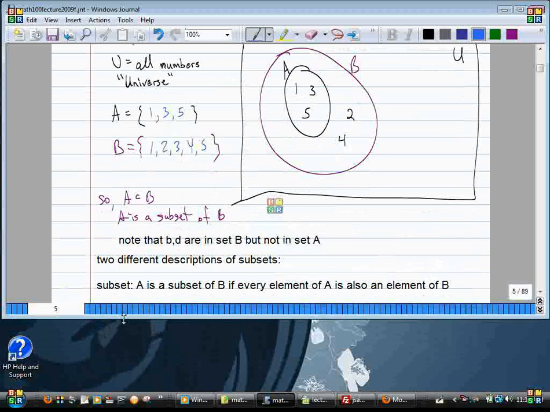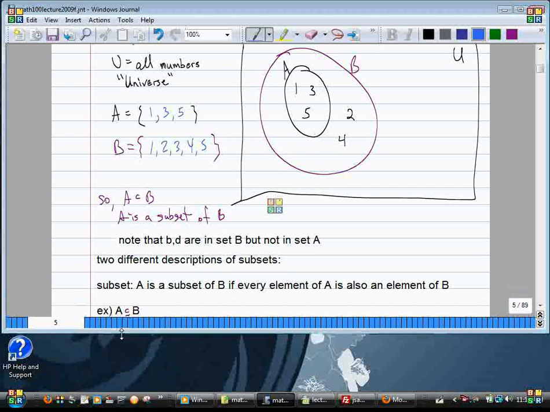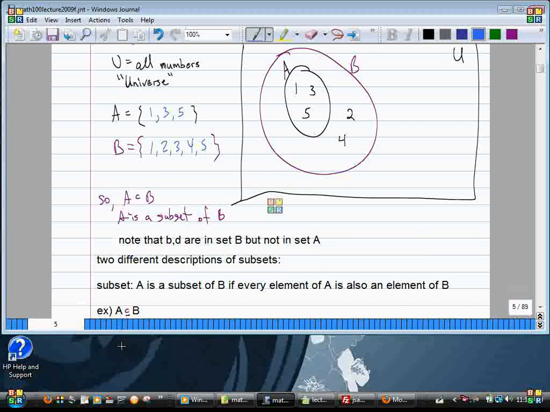Now, there's another way to write this down, which is like this. So what's the difference between what was written before and what I'm writing now? Well, this also says subset. Actually, let me also ask you another question.